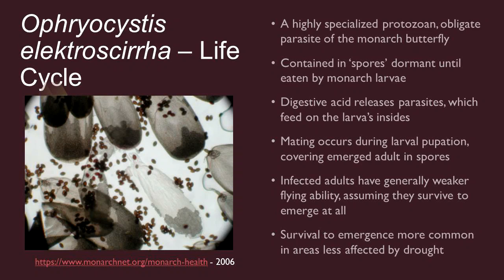It's also worth noting that some of these issues play into one another, as survival to emergence is a lot more common in areas that are less affected by the drought. So there's some play between these factors.